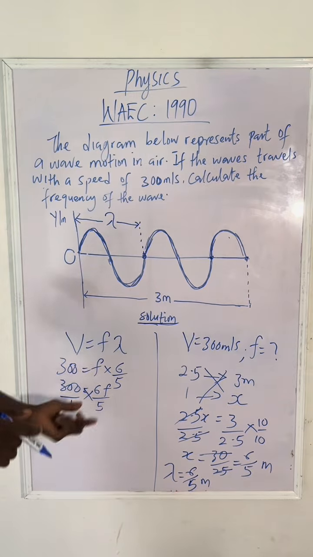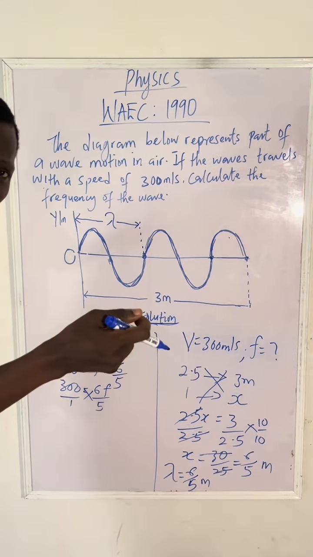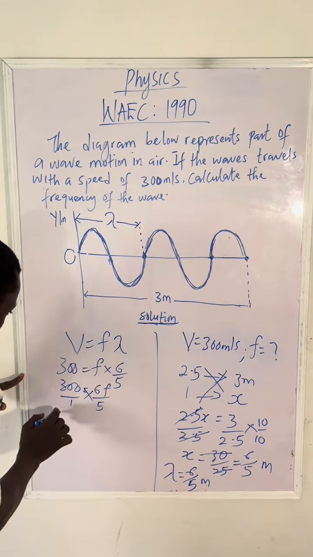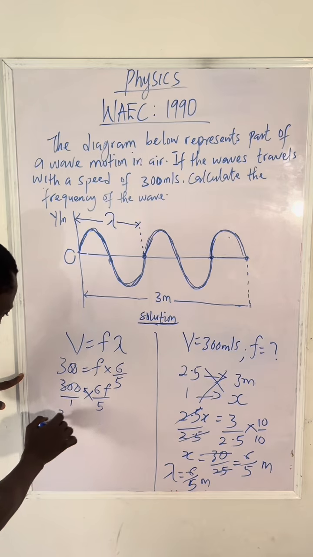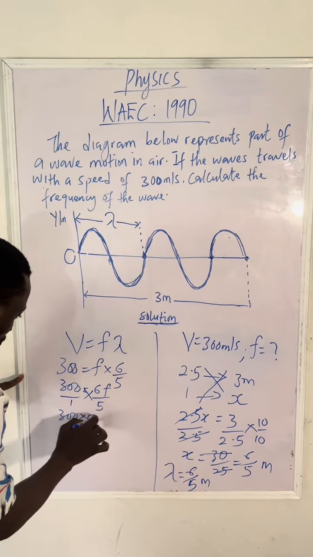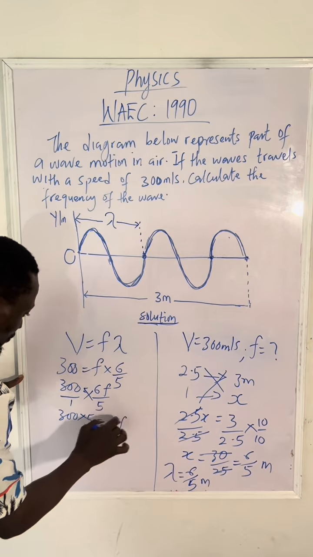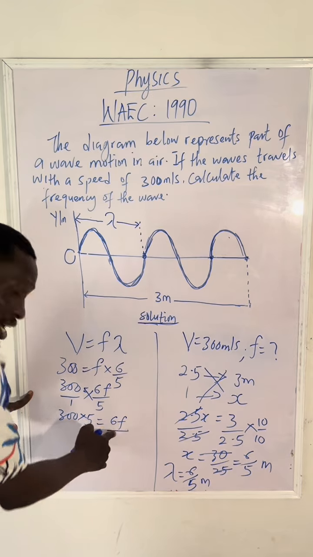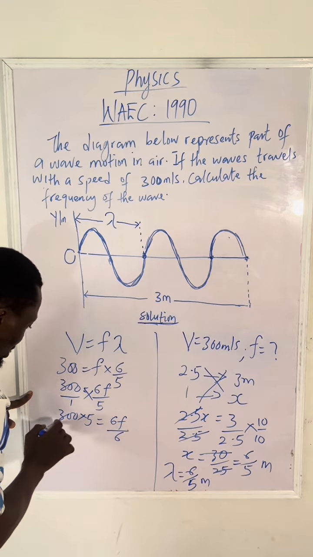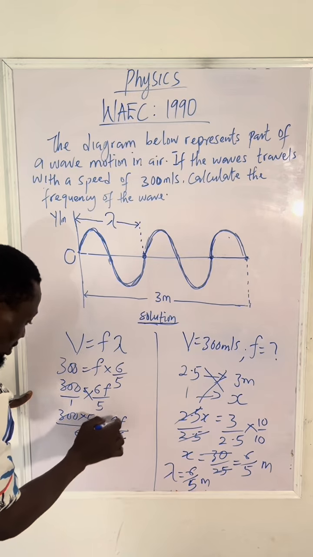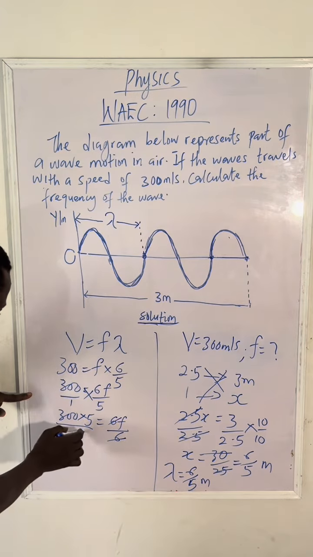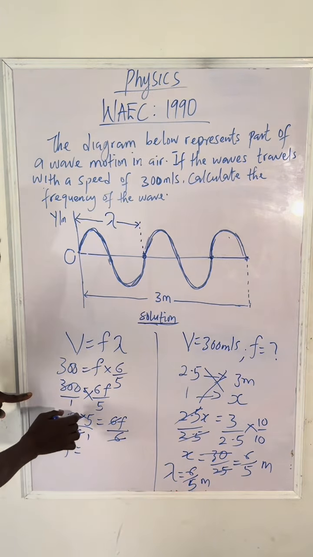Now this has turned to a fraction, so I can put over 1 here and cross multiply. Remember that all these things will not take you time if you are using your calculator. If you cross multiply, that will be 300 times 5 equals 6F. So you can divide by 6 here so that you can have your F. Divide by 6, divide by 6. So 6 cancels 6, and your frequency is going to be equal to, how many 6 in 300?